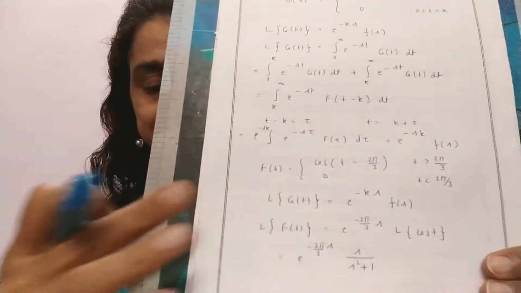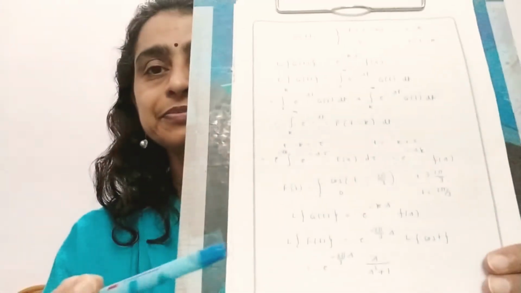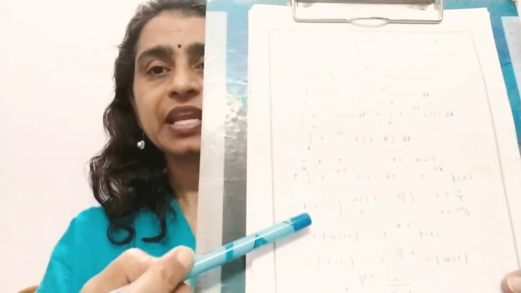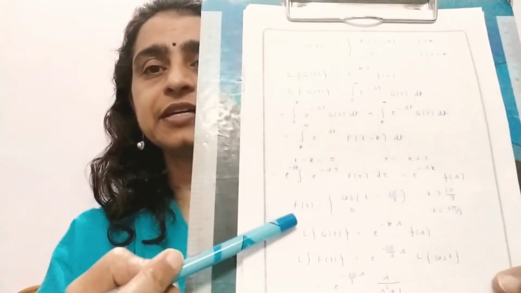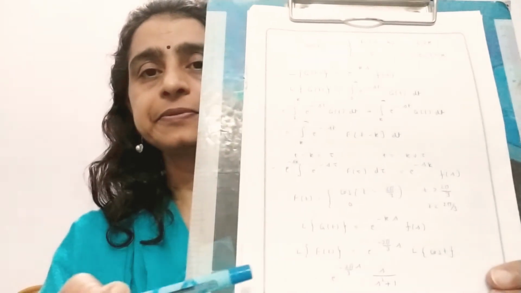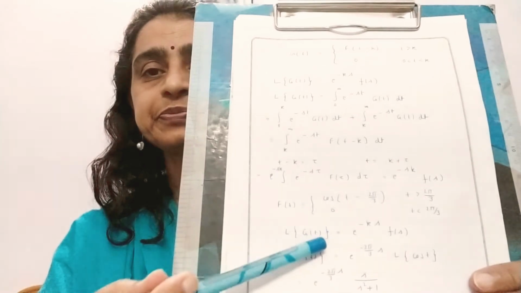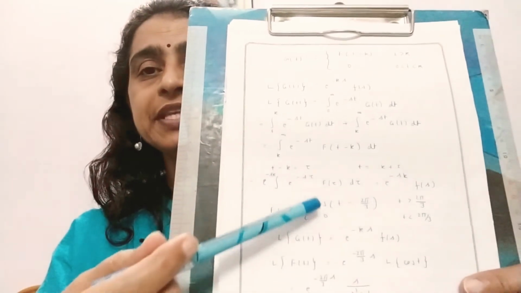Please note down in your notebook a function which is defined like this. So you have to write here f(t) on the left hand side equal to two values.